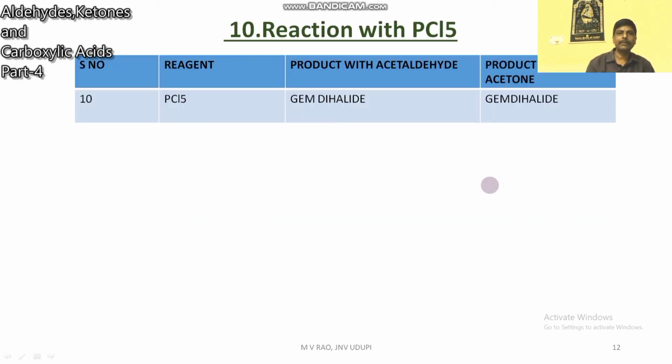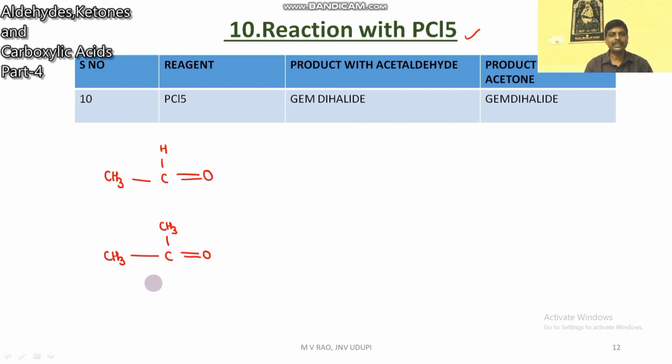Next property, reaction with PCl5. CH3CH double bond O is acetaldehyde, CH3 CH3 double bond O is acetone.